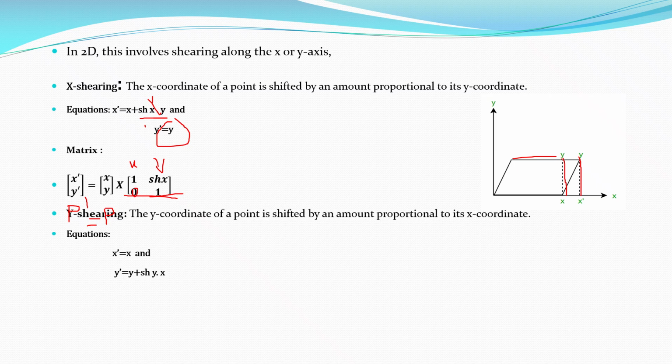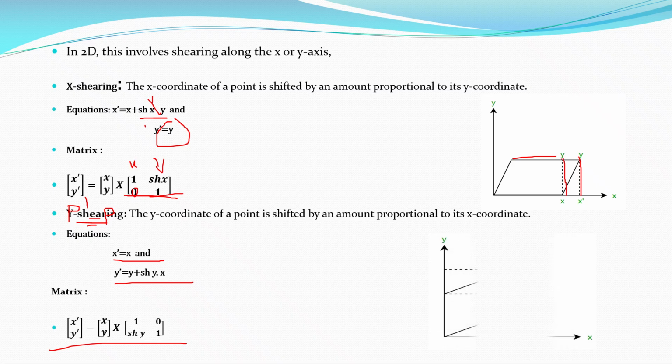Now y shearing means y will be changed and the x coordinate will be the same as the original. The matrix will be x dash y dash equals x y multiplied by the matrix with 1, 0 in the first row and shear of y, 1 in the second.